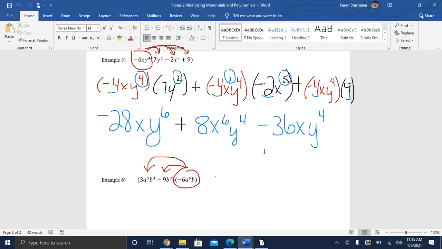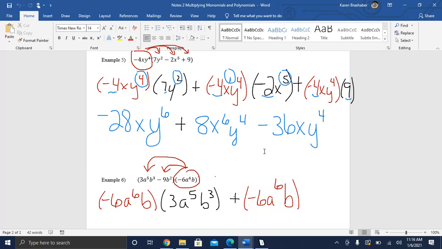So I'll start off with negative 6a to the 6th b, it is multiplied by, first of all, 3a to the 5th b to the 3rd, and then plus, and then I'll go back to my monomial, which was negative 6a to the 6th b, and this time it is distributed to negative 9b to the 2nd.